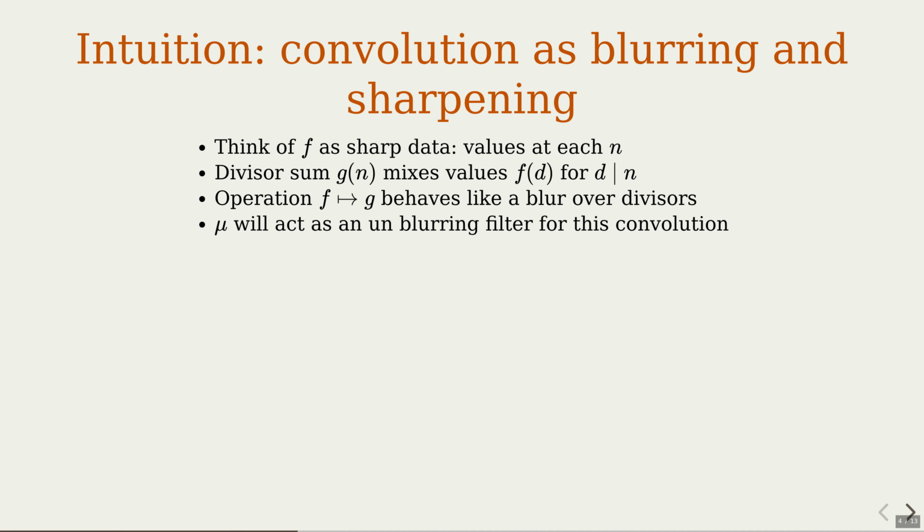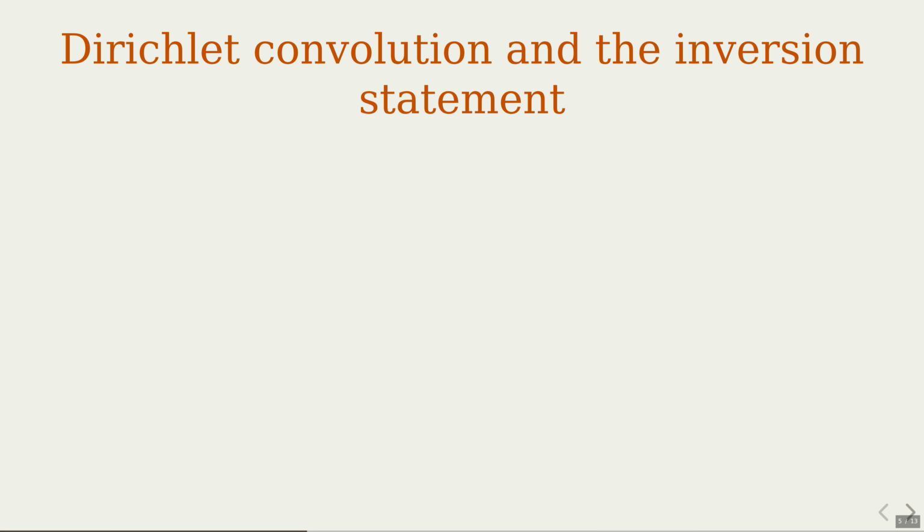With that picture in mind, we can now formalize Dirichlet convolution and state Möbius inversion precisely. Let us write down the precise definition of Dirichlet convolution and then state Möbius inversion in its full form. By definition, the convolution of f and g at n is the sum over all divisors d of n of f at d times g at n divided by d.